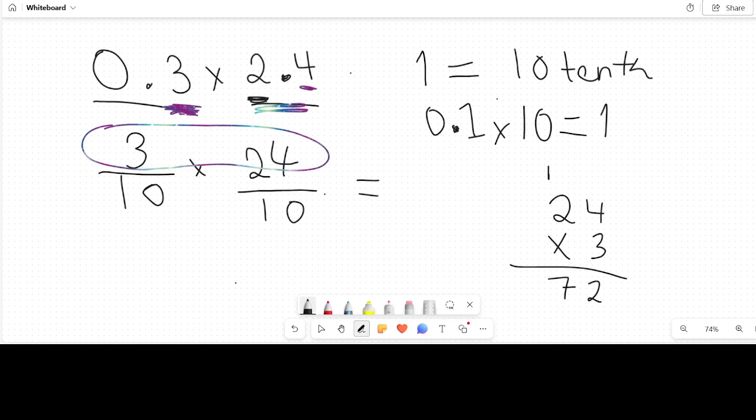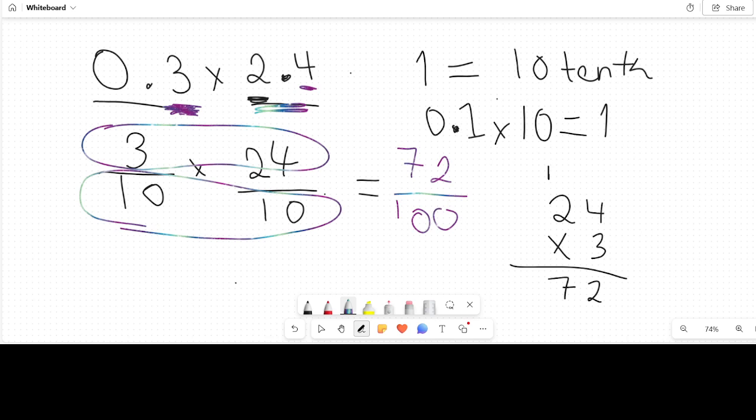So I get 72 over, I multiply out my denominators, which gives me 10 times 10, which is 100. 3/10 times 2 and 4/10 is equal to 72 hundredths.